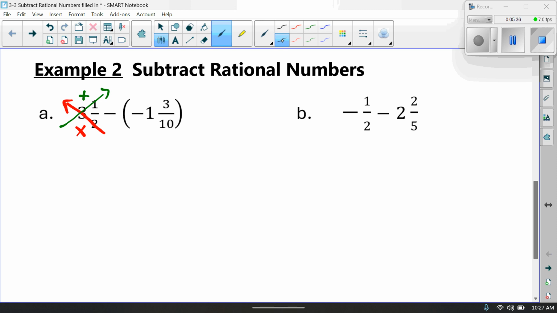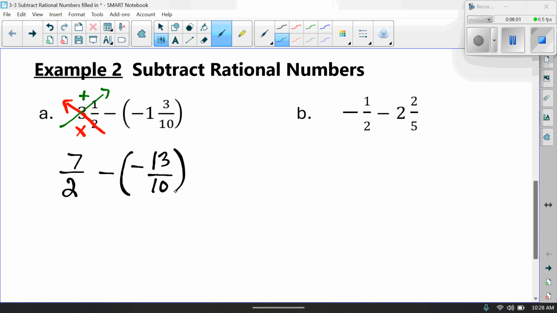So this is going to be 7 halves. The denominator stays the same. Okay? And then subtract. And now we have a negative, so we're going to put negative in there in parentheses. And now 1 times 10 is 10 plus 3 is 13. So this is going to be 13 tenths.